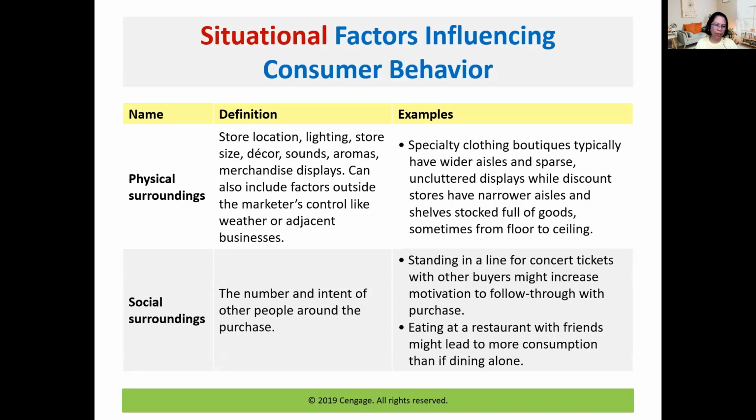These are the number and intent of other people around the purchase. For example, standing in line for concert tickets with other buyers might increase motivation to follow through with the purchase because you see that there are a lot of people having the same interest as you. Or another, eating at a restaurant with friends might lead to more consumption than if dining alone.